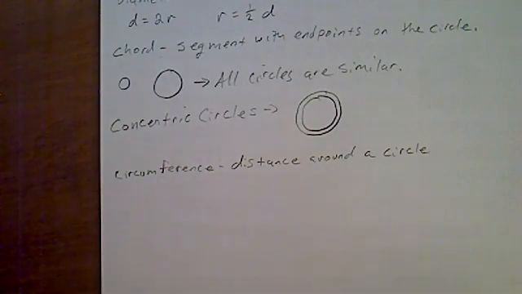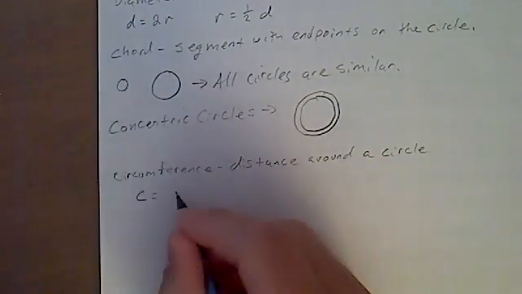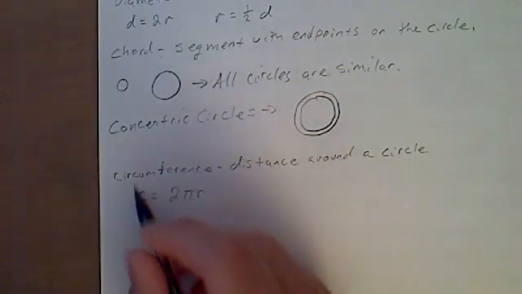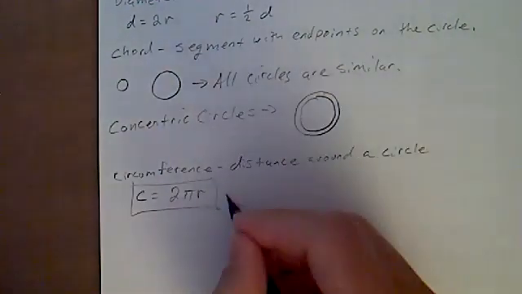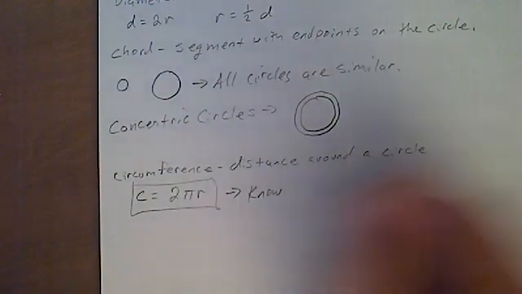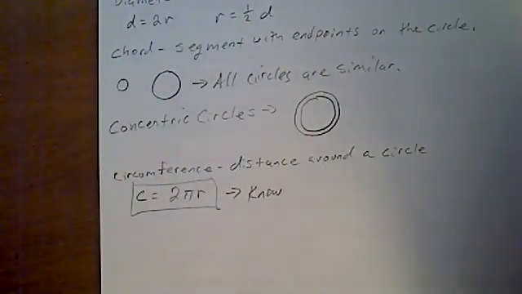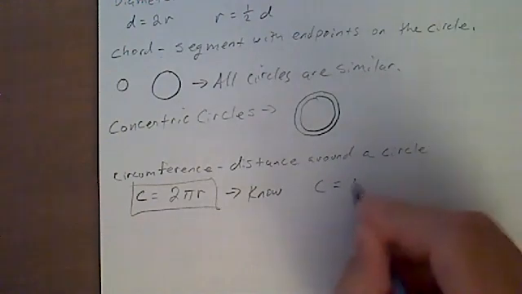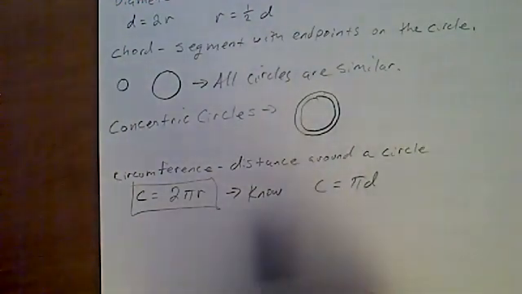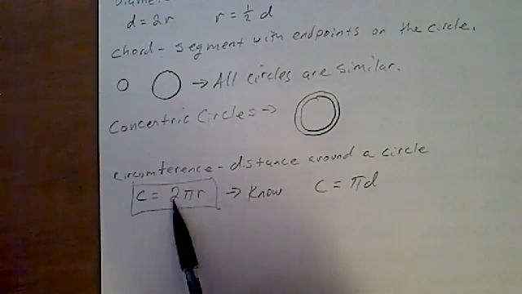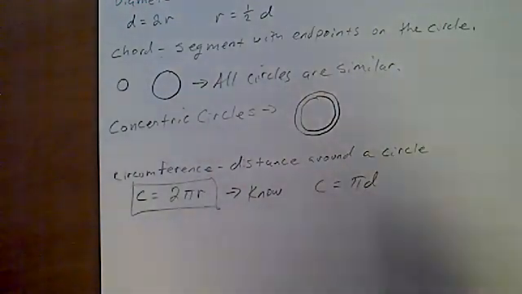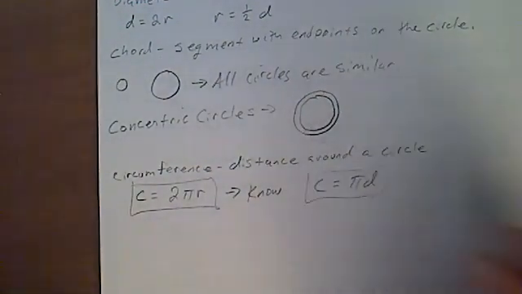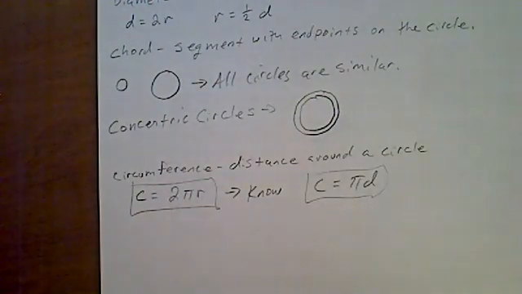And its formula: circumference equals 2 pi r. That's an important formula to know. In general, on any test or quiz we're taking this year, you'll have a note sheet, but that one's important. Circumference we can also do as pi d, given that the diameter is twice the radius, so 2r is d. This one's less important, but still can be useful to know.